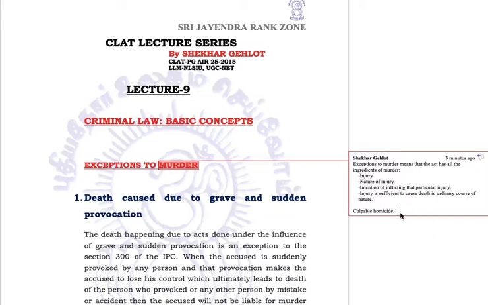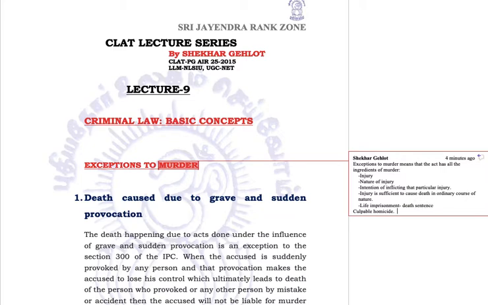So there are two classes of killing a human. One will be murder, if you are planning it and executing it as per your plan, and it will carry a higher penalty: life imprisonment to death sentence.